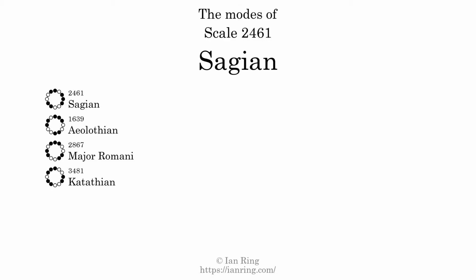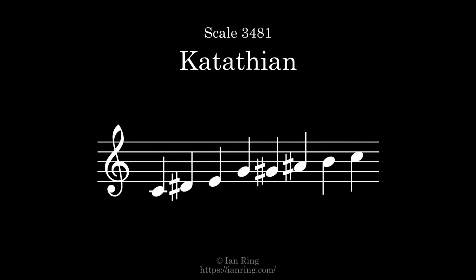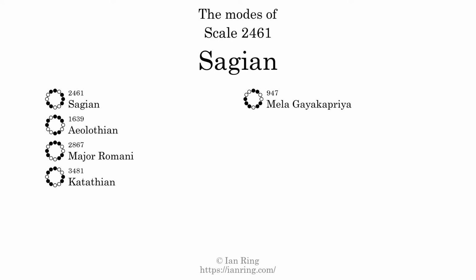The fourth mode is scale 3481, also known as Catathian. It sounds like this. The fifth mode is scale 947, also known as Milagaya Capria. It sounds like this.